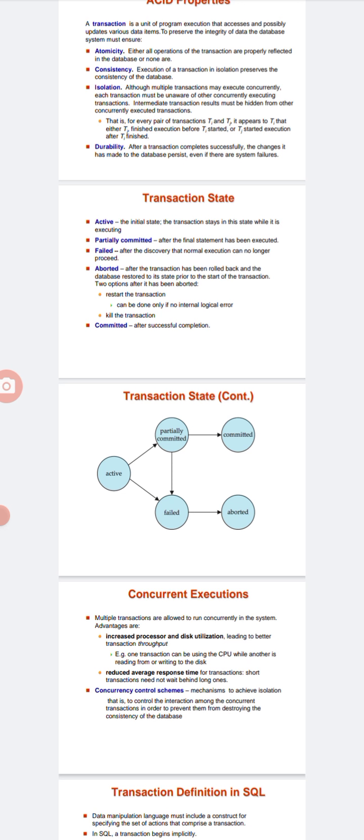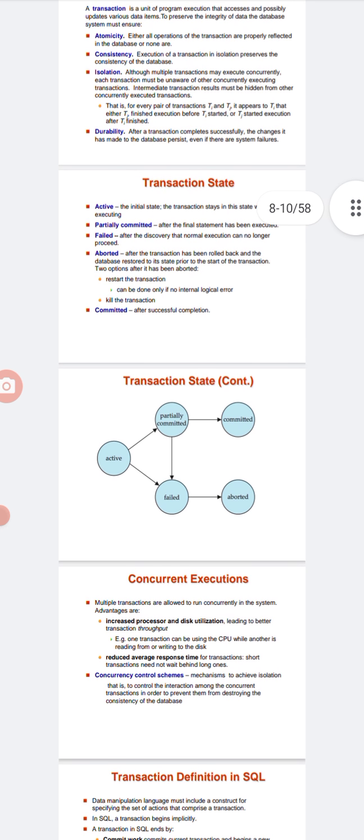Now you are going to understand that a transaction is also a process, but it must always be atomic in nature. Either all instructions participating in the transaction execute or it does not execute, because a partially executed database does not make any logic.